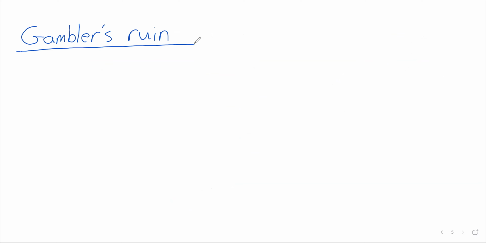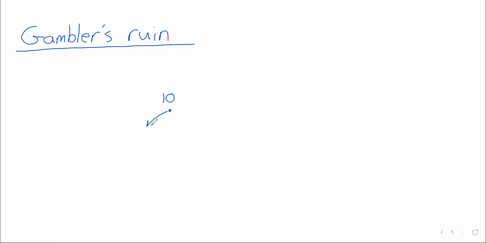So, Gambler's Ruin, and you can tell an example is famous if it has its own name. Gambler's Ruin looks like this. You go into a casino with some finite amount of money, say $10, and you bet some fixed amount of money, say $1.